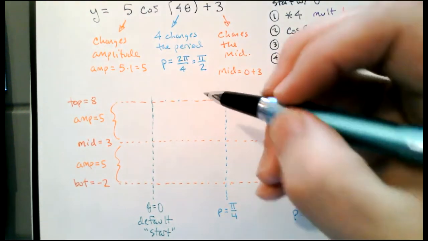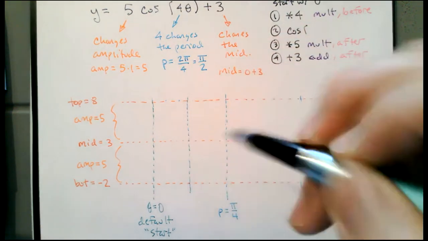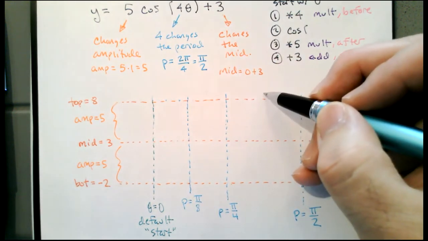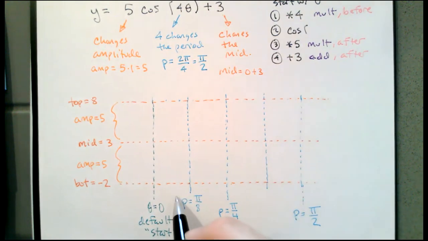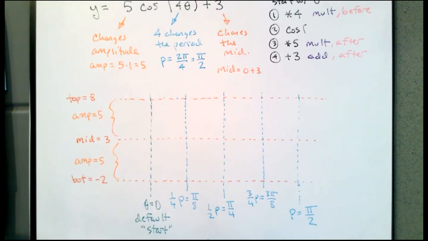Then I'll cut that in half again to a 1/4 period. If I cut a fraction in half, I make the denominator twice as big, so pi over 8. And then I have a 3/4 of a period. 3/4 of the period will be 3 pi divided by 8. Just take your 1/4 period and multiply it by 3. Put a 3 in the numerator.